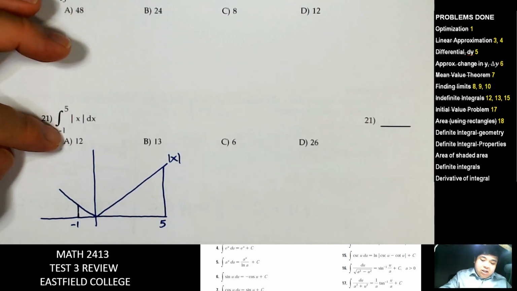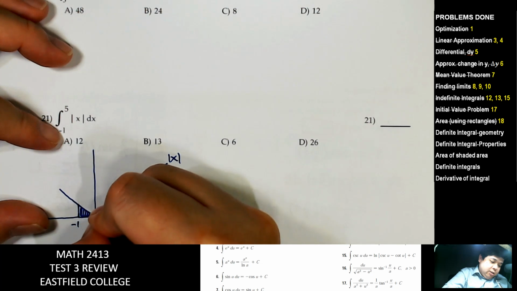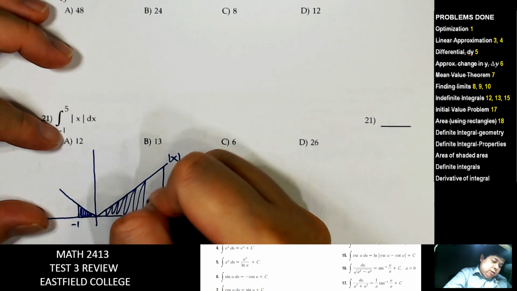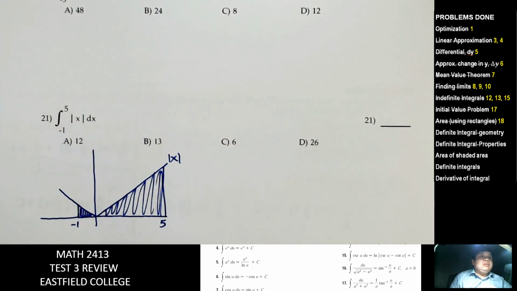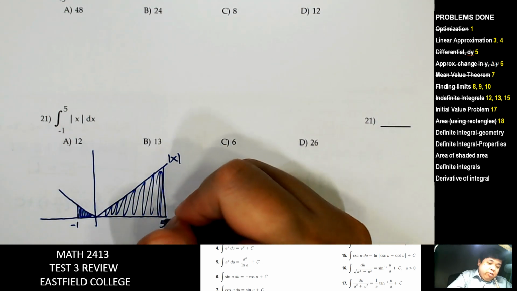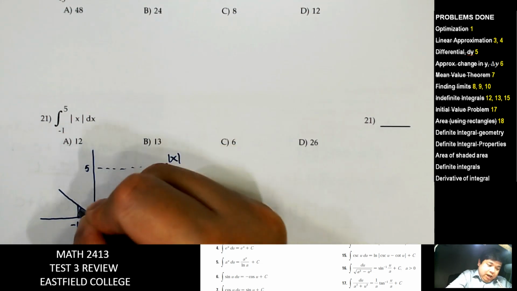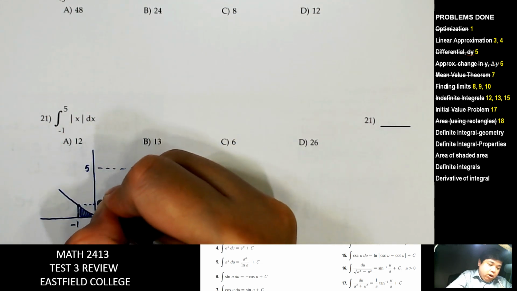So pretty much this integral will calculate this area. And to calculate the area, that will be pretty simple because this is the absolute value of x. The absolute value of 5 is going to be equal to 5, and the absolute value of -1 is equal to 1.